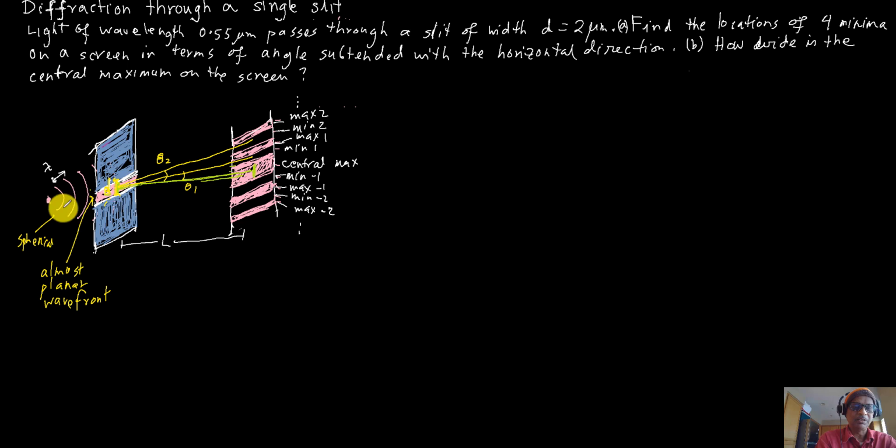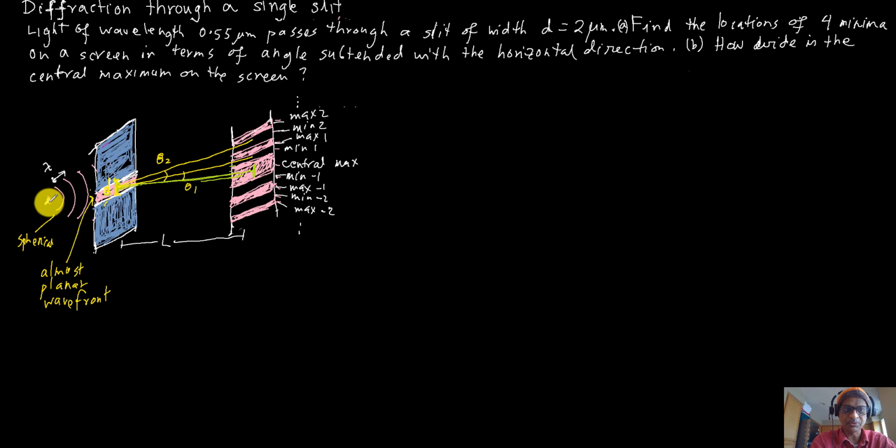Well, number one is this again has to be a coherent source. So say we have a single wavelength here, and we create a source.